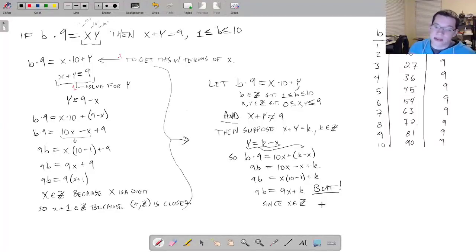That means that k has to equal 0 or k is equal to 9 in order for this relationship to be true. But if k was equal to 0 or 9, in either case, we could condense that down and x would either stay the same or increase by 1, and it would still be a multiple of 9.